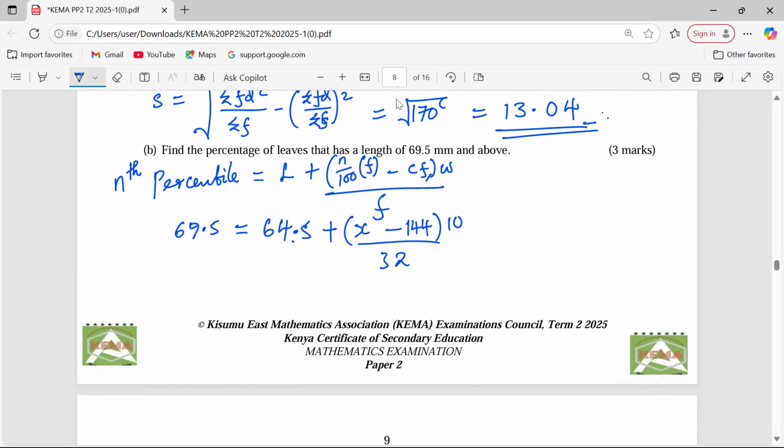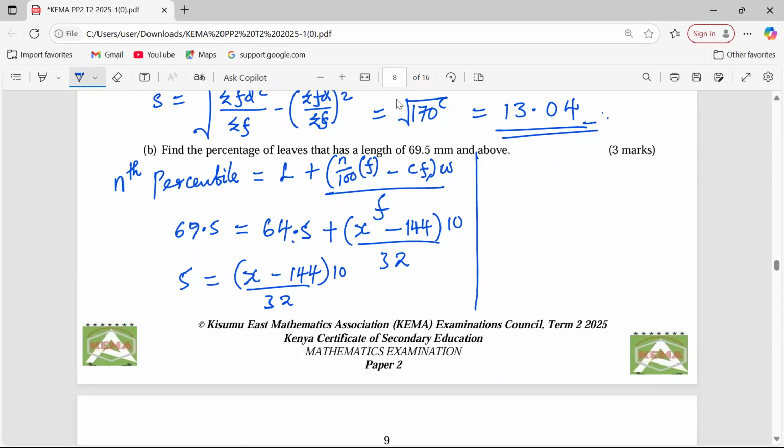Yeah, we can find x. So it's good for us to subtract this value, 69.5 minus 64.5, giving us 5, which is equal to x minus 144 out of 32, multiplied by 10 at this point.